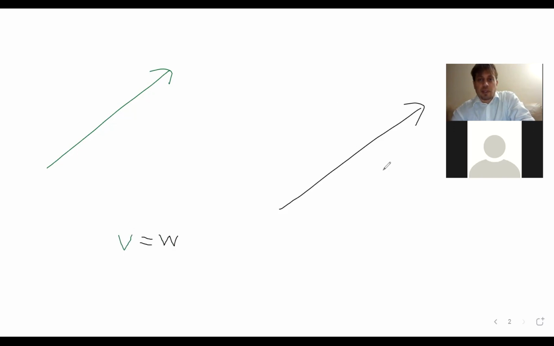These two vectors are considered equal, even though they're in two different places. Where they are doesn't matter. What matters is their magnitude and direction.